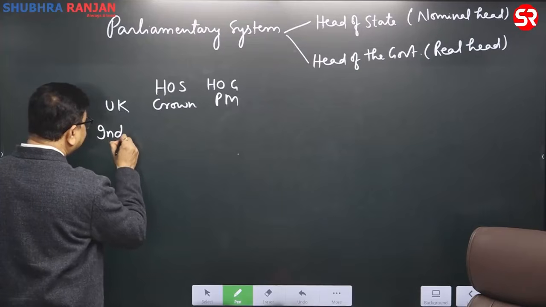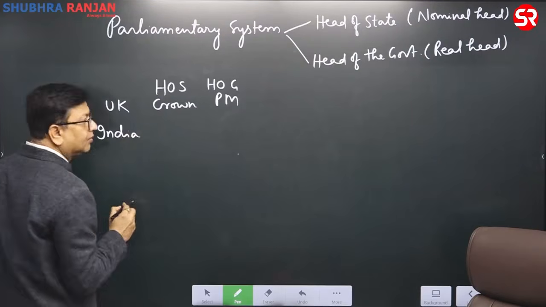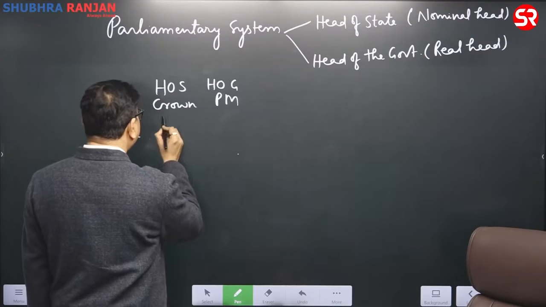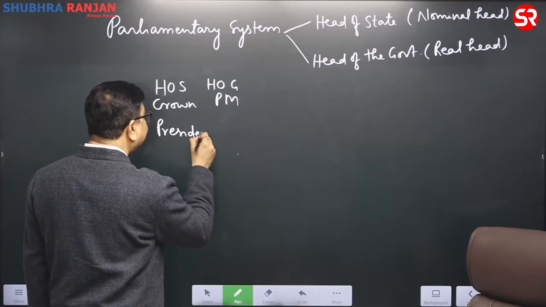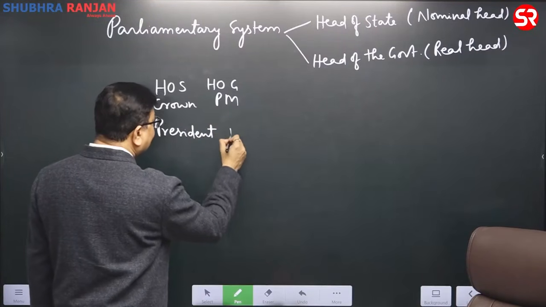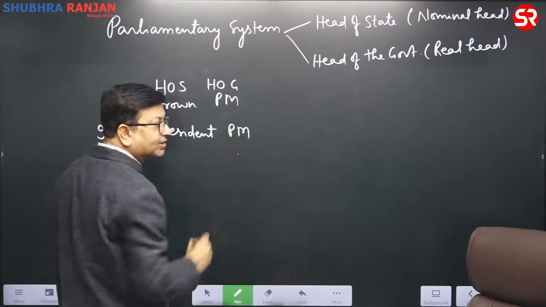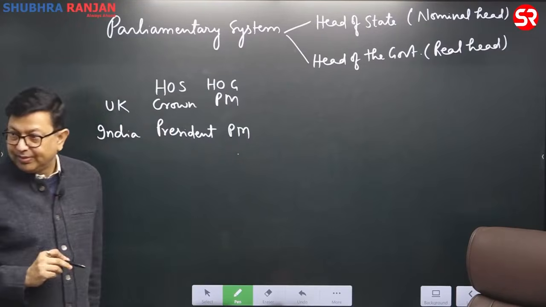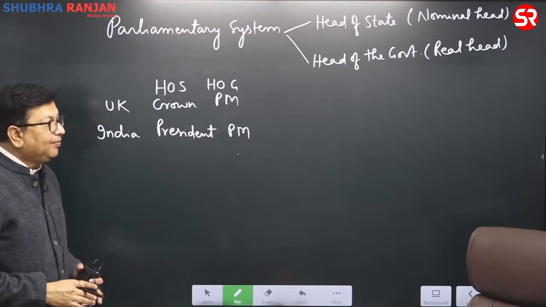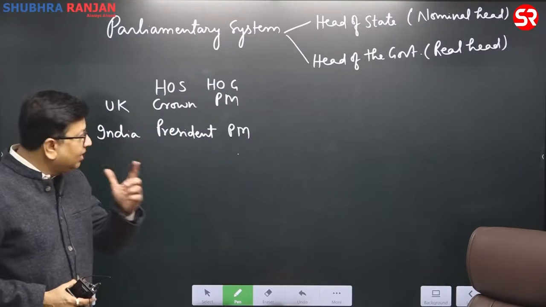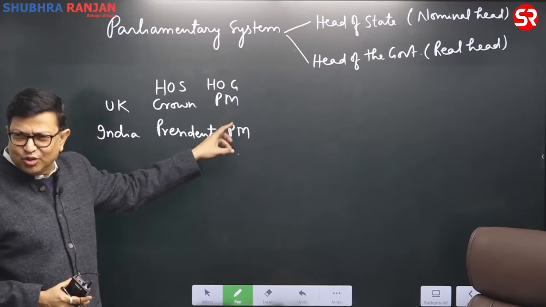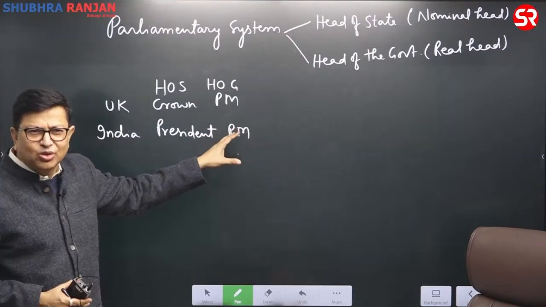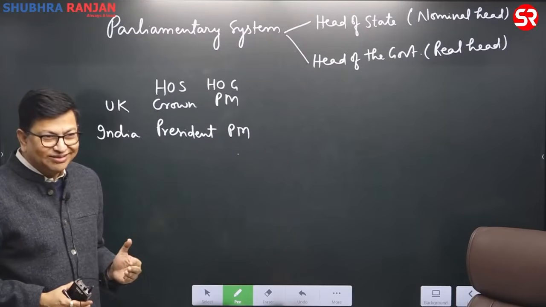If we talk about India, the head of the state, the president, is the nominal head and head of the government is the prime minister, who is the real head. Now, you may be thinking that the prime minister is the real head, so why is such a government not known as prime ministerial government?